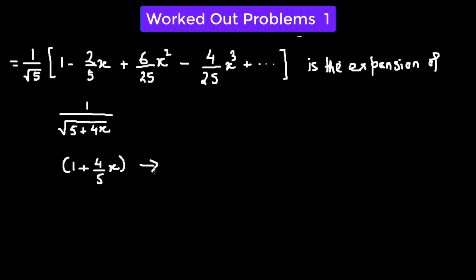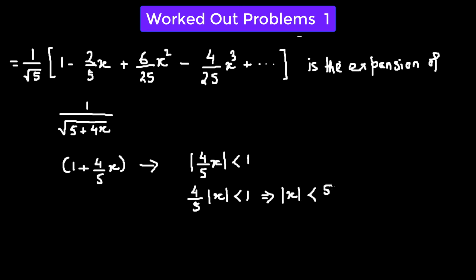So here our condition requires that the absolute value of 4 over 5 times x must be less than 1. So that would give us 4 over 5 times the absolute value of x is less than 1. Then we solve by multiplying both sides by 5 over 4.